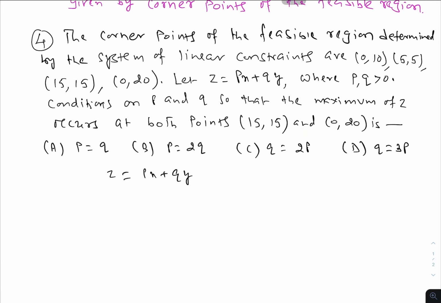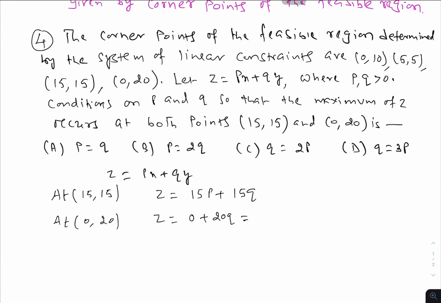So at 15 15 the value of Z equal to 15P plus 15Q, and at 0 20 Z equal to 0 plus 20Q, so 20Q.